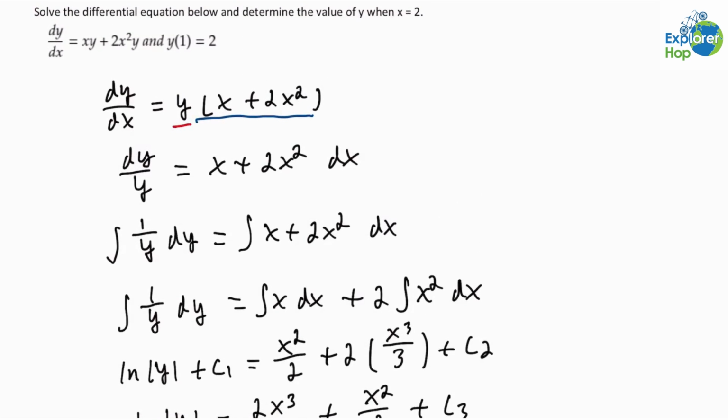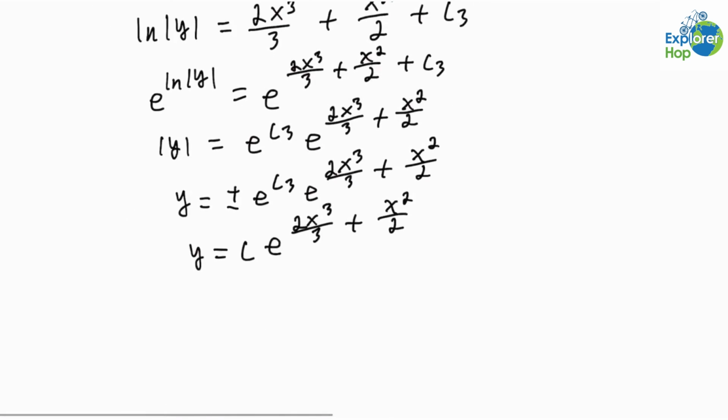Since we're also told that y of 1 is equal to 2, we'll sub the point (1, 2) in and solve for c to find a specific solution. So 2 is equal to c times e to the power of 2 times 1 cubed over 3 plus 1 squared over 2.